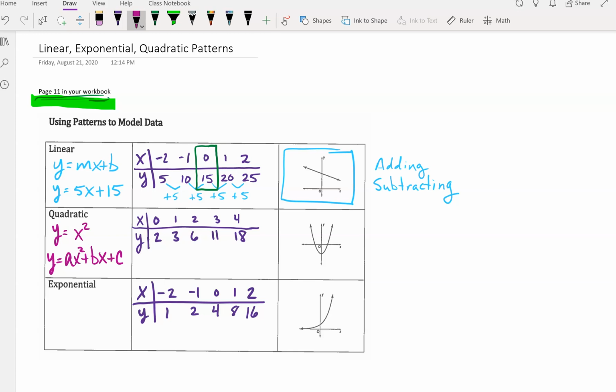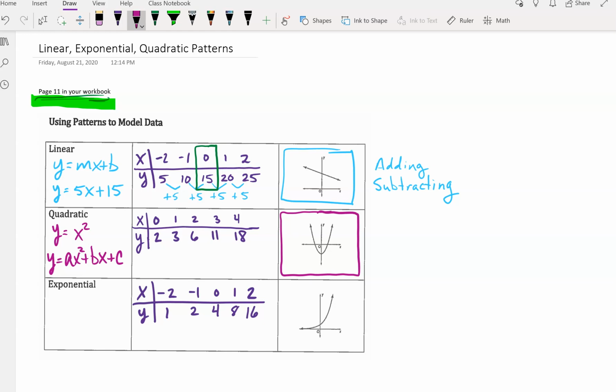Okay? And the way you can tell it is a quadratic is if the pattern is U-shaped. See this U-shaped graph right here? Okay. And once again, the pattern that I have written here does not match our graph. It's just simply another way to show that is a quadratic.